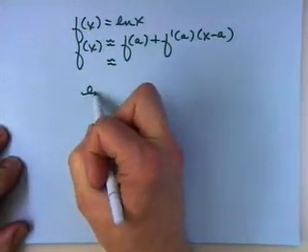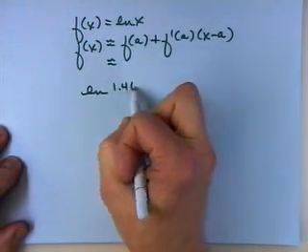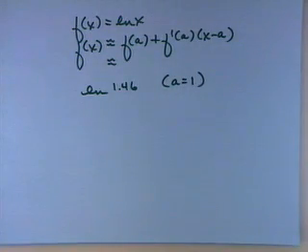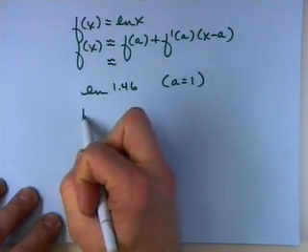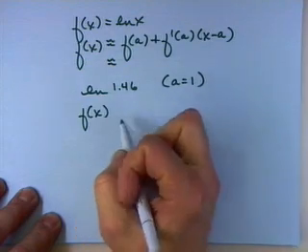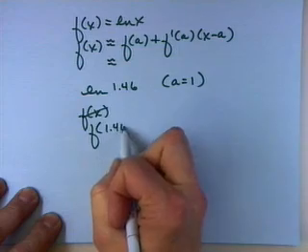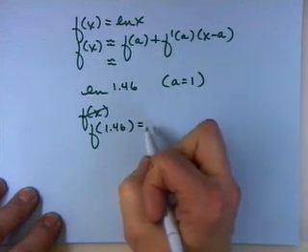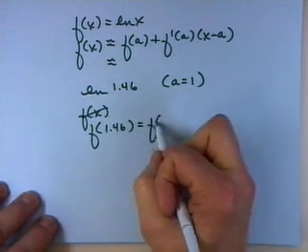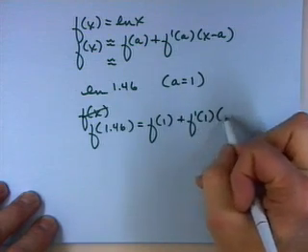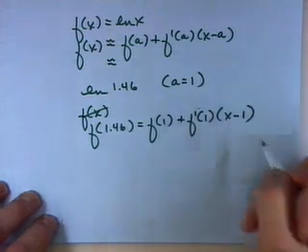Let's do it right here. So we're going to choose a to be 1. That's a value that's close to 1.46 that we already know what the f of a is. So we want the f of 1.46. It ought to be the function at 1 plus the first derivative at 1 times x minus 1.